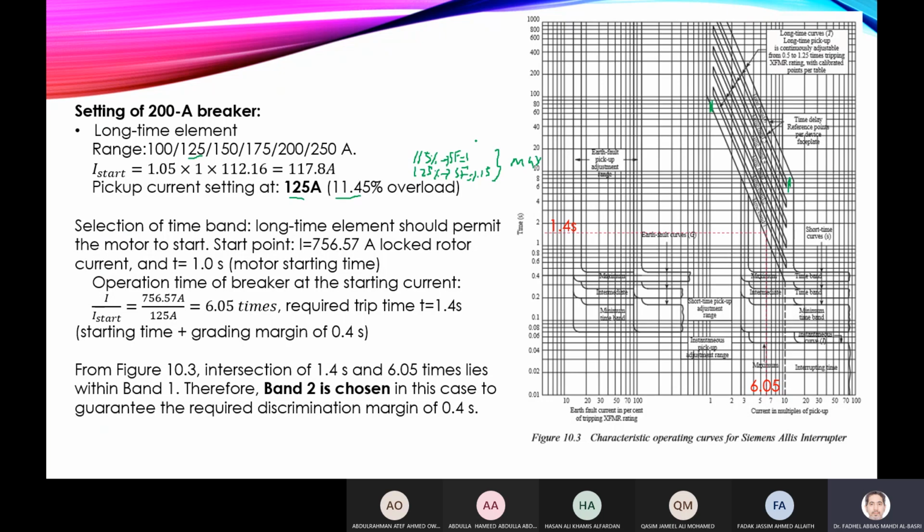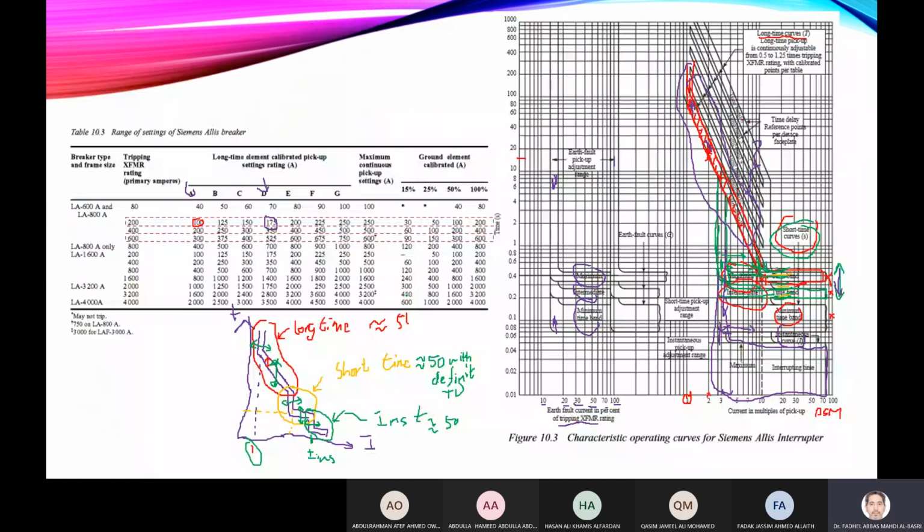So now, what's the time? Which of these bands do I have to choose, 1 to 6? That one has to be coordinated at the starting current. So I have to choose my starting current here.